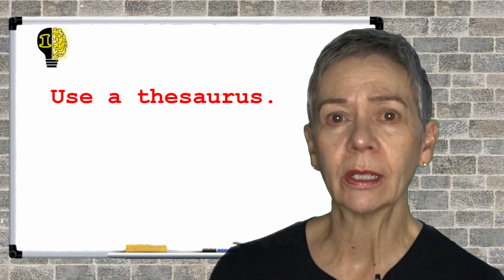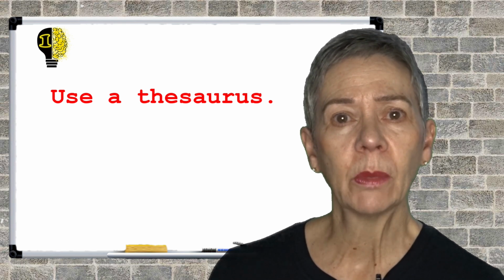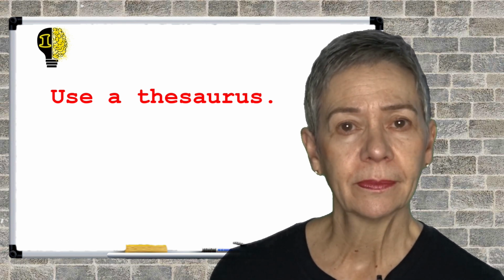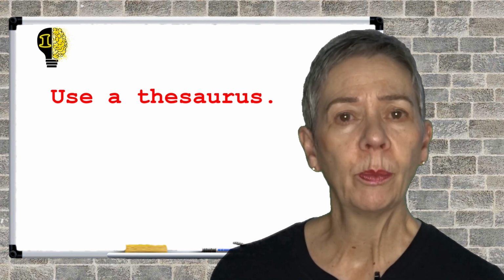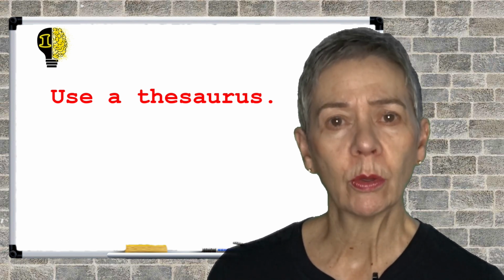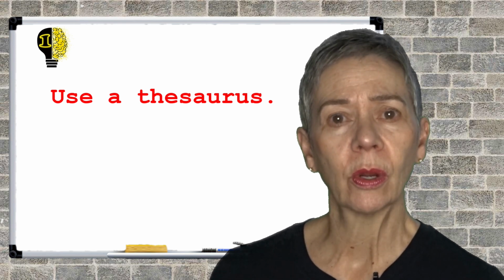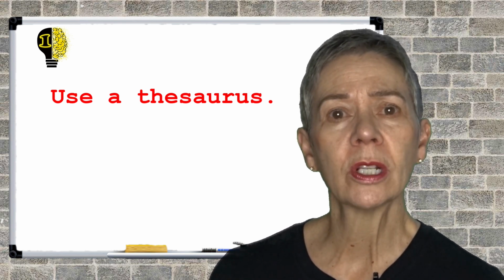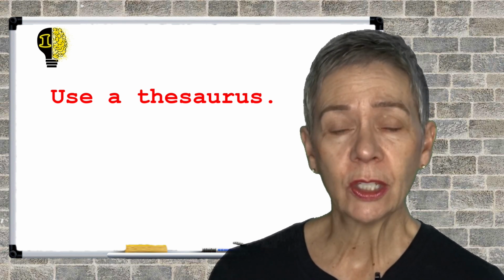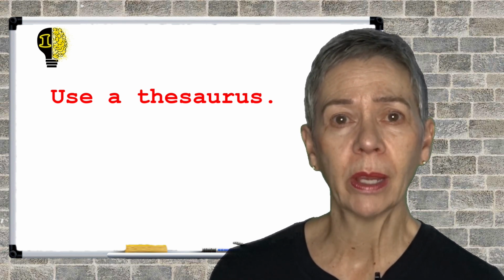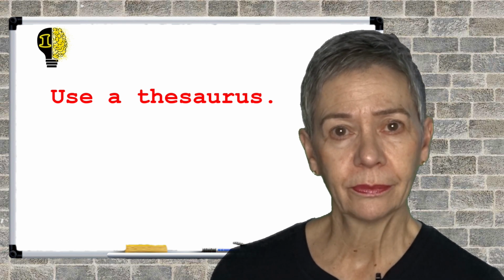That's the key. Similar, but not identical. And that's where your almost right word can really help you. If you plug your almost right word into a thesaurus, it'll give you a list of words that are similar but not identical. But in that list, you might find exactly the right word that you're looking for.